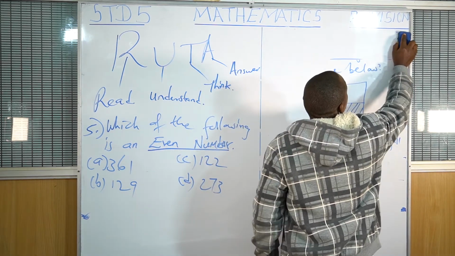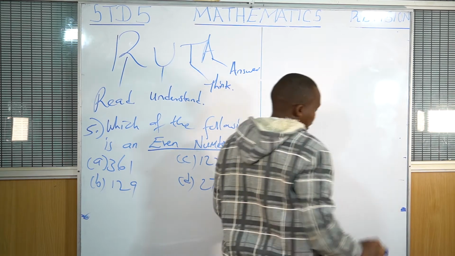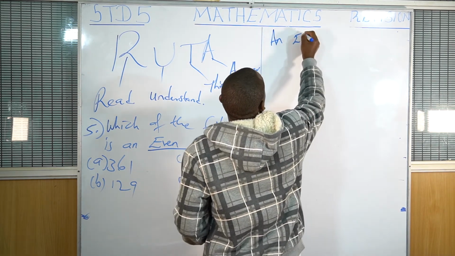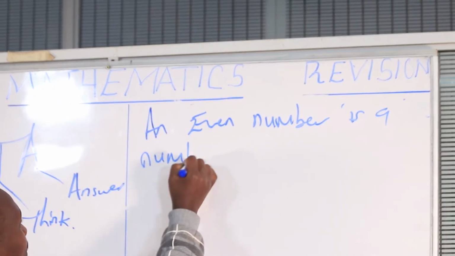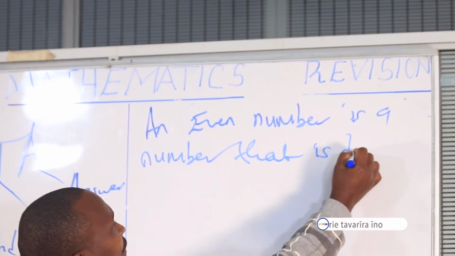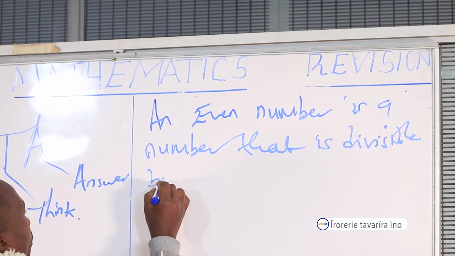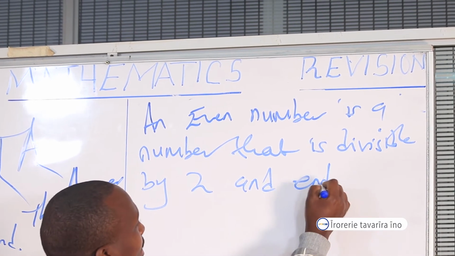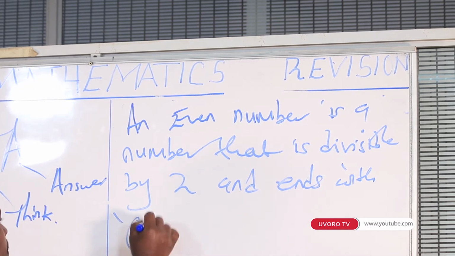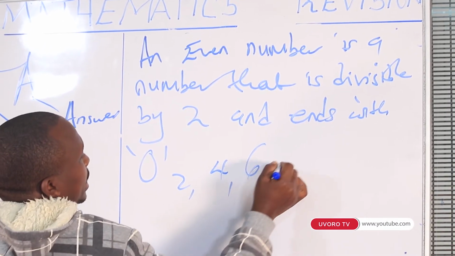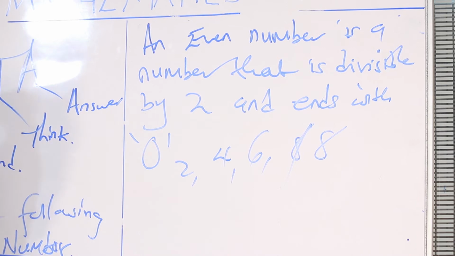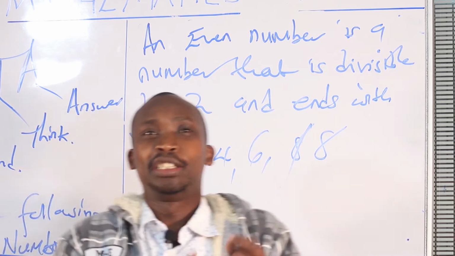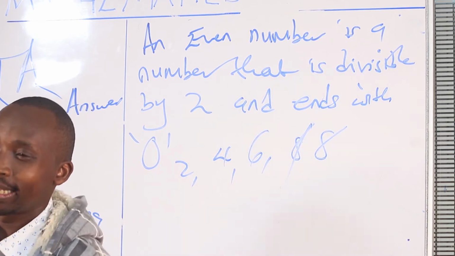An even number is a number that is divisible by 2 and ends with 0, 2, 4, 6, and what?